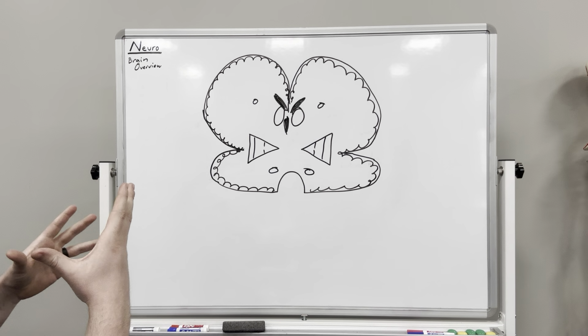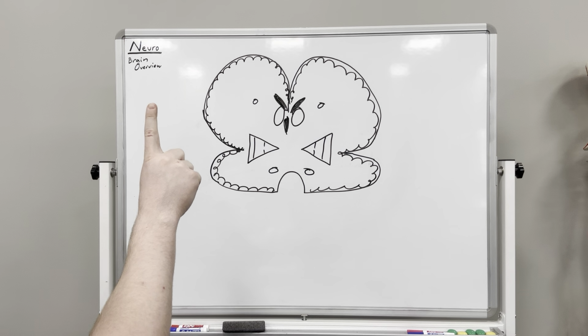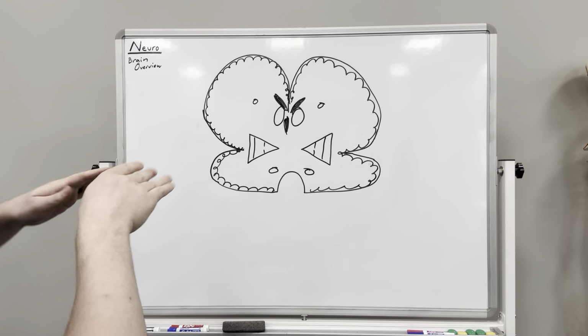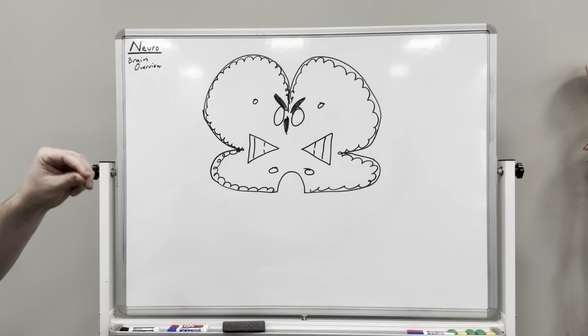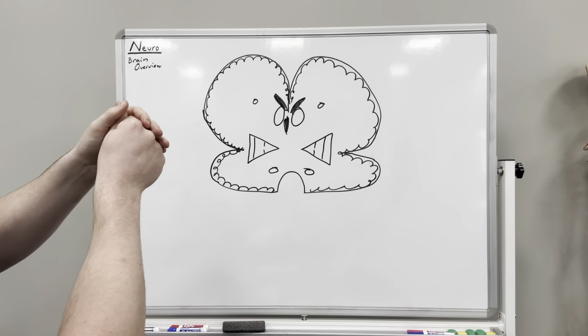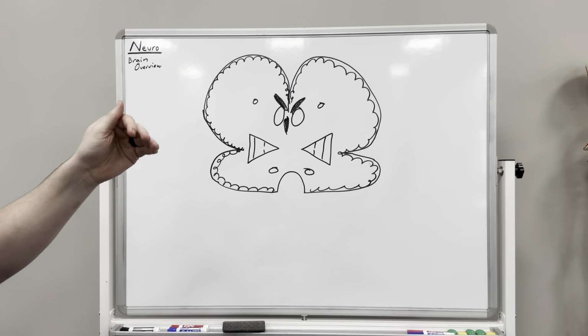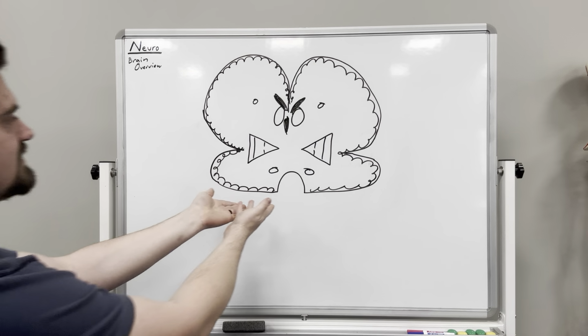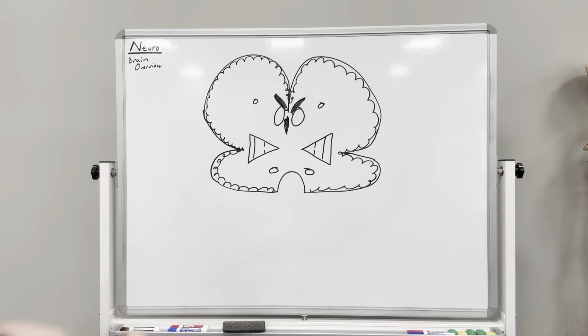But the flow of cerebrospinal fluid: the lateral ventricles flow into the third ventricle, which flows into the fourth ventricle. And from there, there's two different places it could go. It can go through the central canal of the spinal cord, or it can get cycled through the outside of the cerebrum through the meninges.